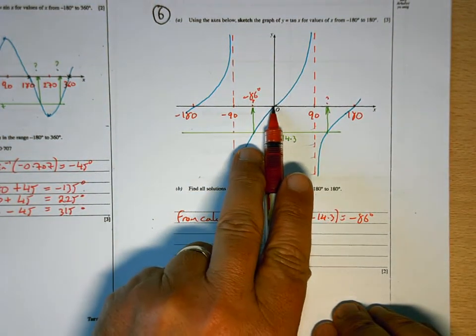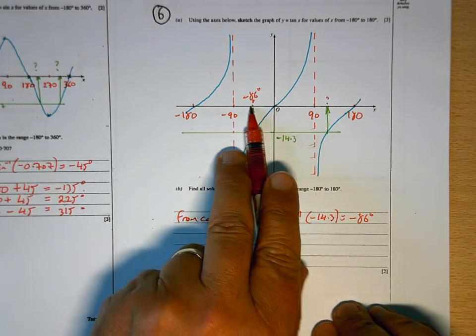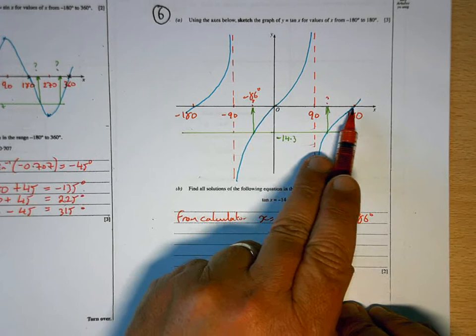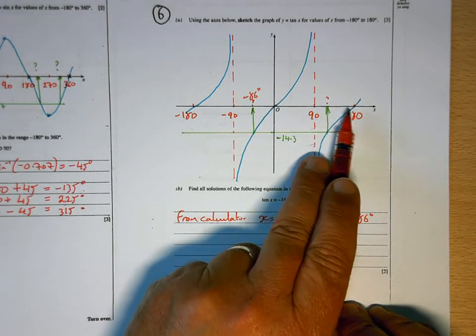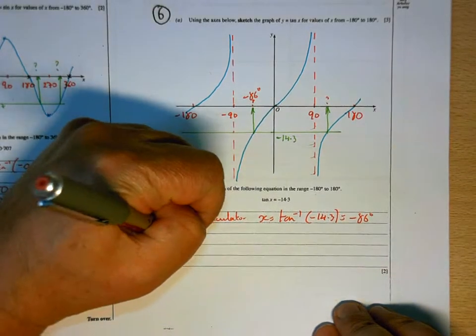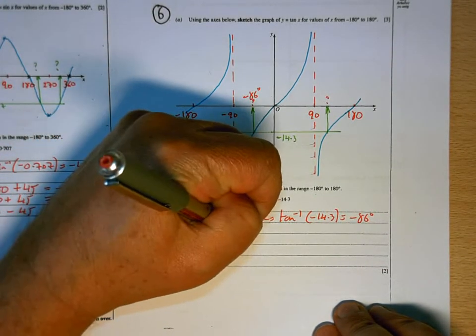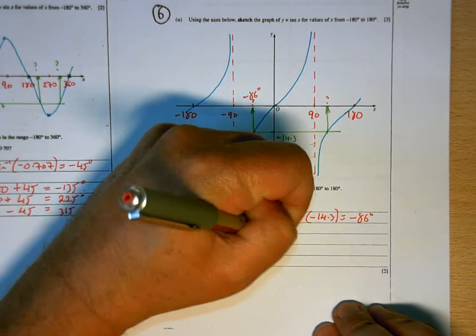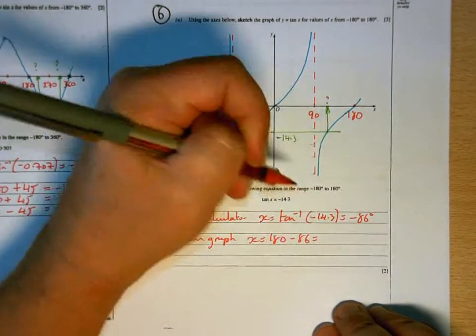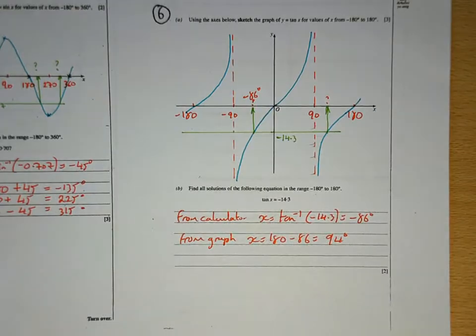So this one, from the symmetry, the 86 degrees is coming from the 0 point, so that distance there is 86 degrees, so it's going to be 180 less 86 degrees. So from graph, x is 180 less 86, which is 94 degrees.